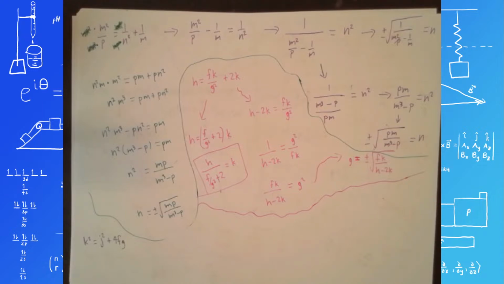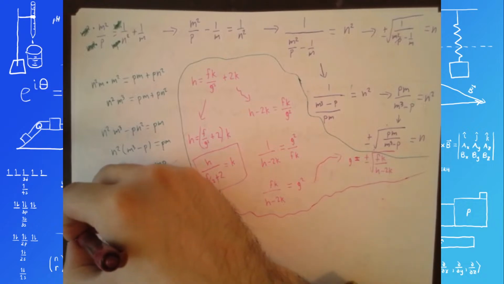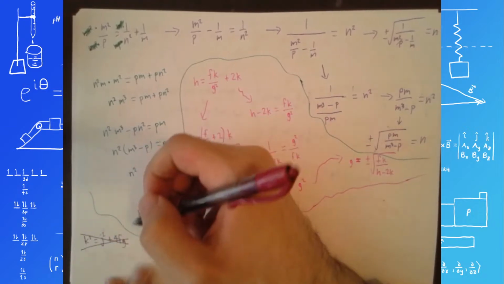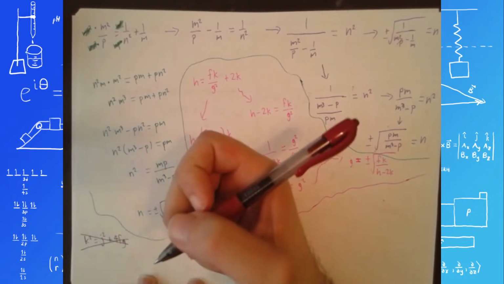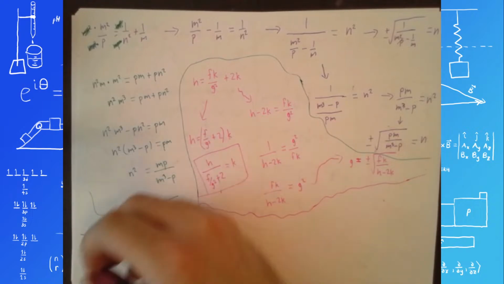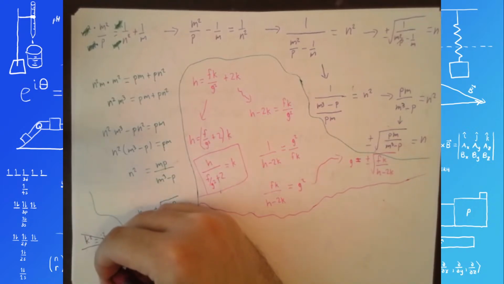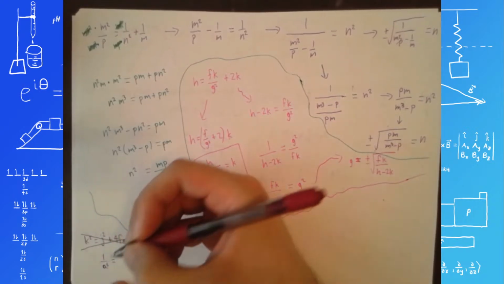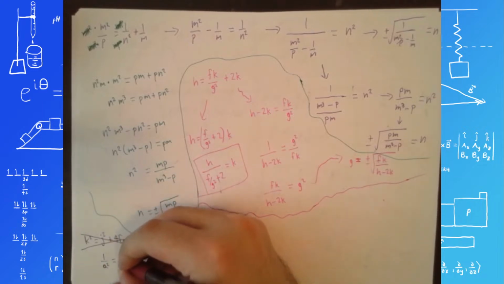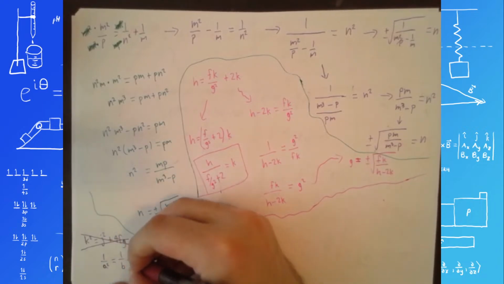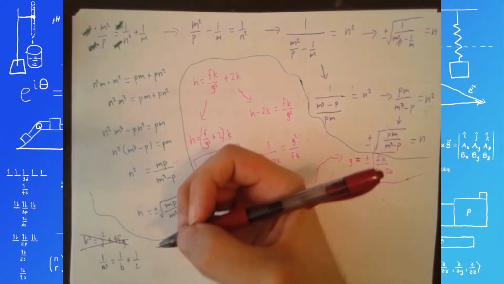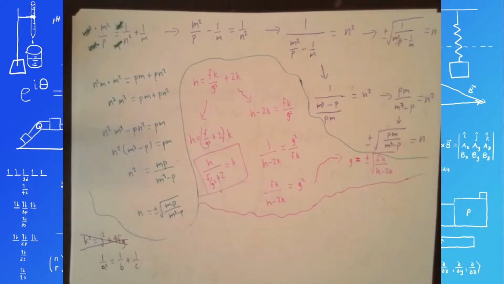1 over a squared equals 1 over b plus 1 over c. Okay, yeah, we'll skip this one. And we've got the next one: 1 over a squared equals 1 over b plus 1 over c. And it says solve for a, then solve for b squared.